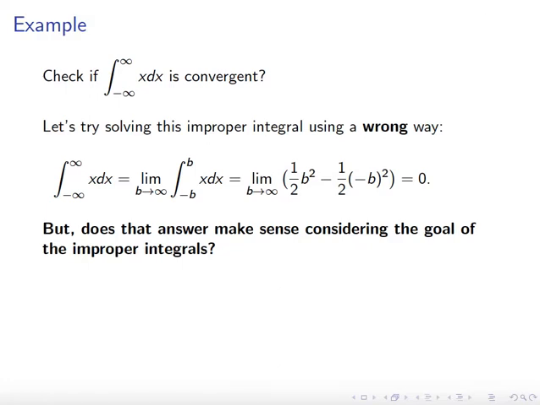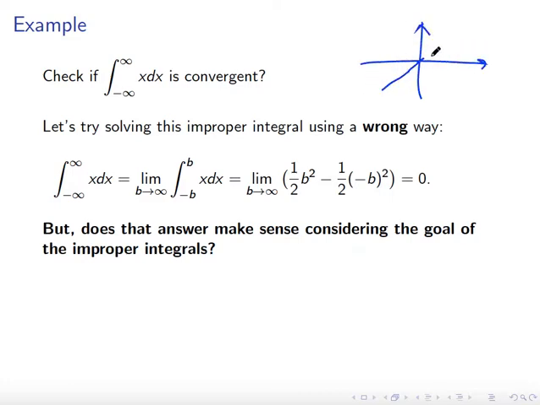Let's use that wrong way to evaluate the integral from negative infinity to infinity of x dx. I'm going to write the limit as b approaches infinity of the integral from negative b to b of x dx. You know that the graph of y equals x is an odd function.